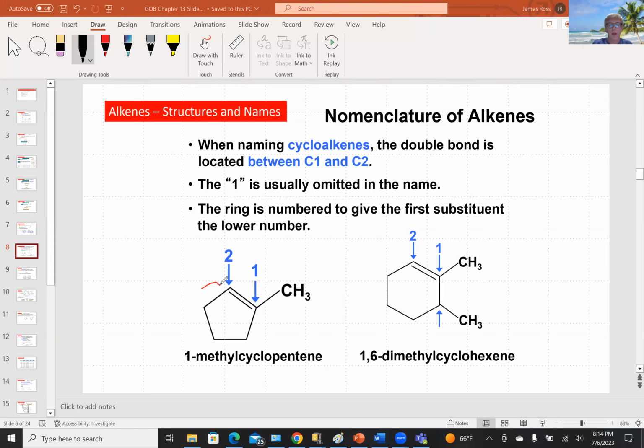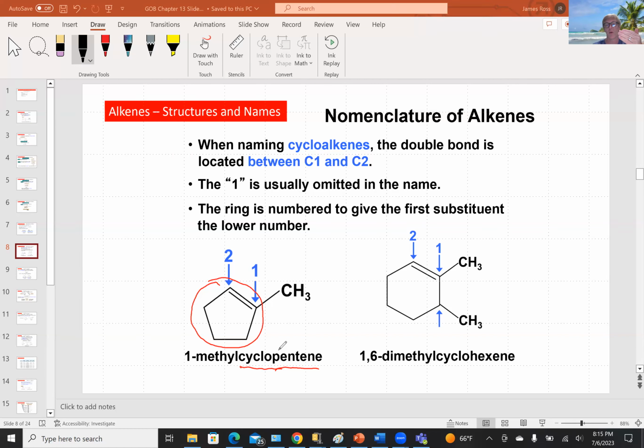So if we look at this structure here, we have a 5-membered ring, a cyclic alkene. So it's got 5 carbons. It's an alkene, so pentene, and it's in a ring structure, so cyclopentene. By definition, the double bond has to be between carbons 1 and 2. So we don't need to say 1-cyclopentene.